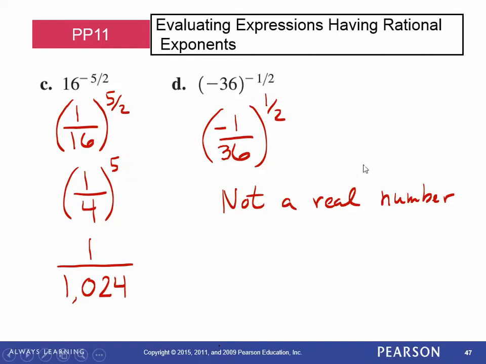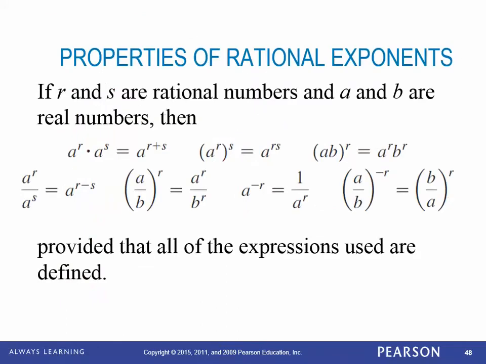Okay, so we've come to the point here of just reviewing all the exponent rules we have. So properties of rational exponents here, and then again, this is just a quick reminder. This is stuff we've covered in algebra. Here are the exponent rules. Remember, if you want to multiply numbers with the same base, all you really have to do is add the exponents. If you want to take powers of powers, all you have to do is multiply the powers.